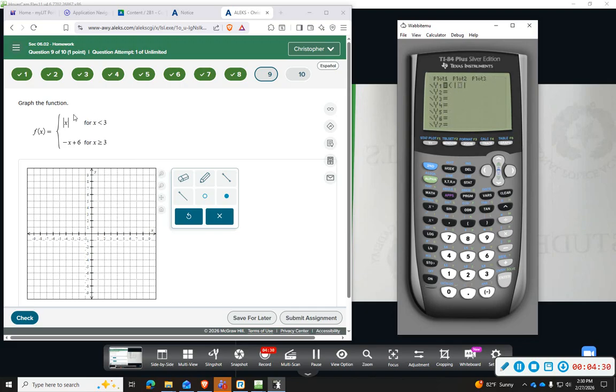Hit enter, it brings absolute value to the y equal screen. Type in x, close parentheses. To impose the restriction, I have to do divided by, and then open parentheses and do x is less than, so second and math to get those less than symbols, number 5, and then 3.